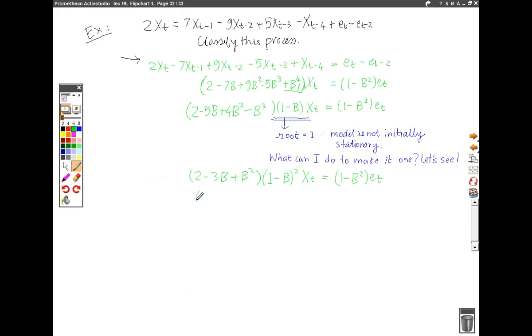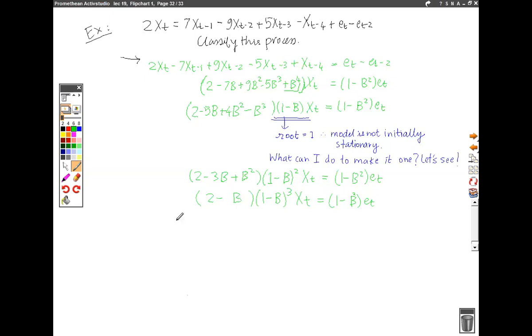But again we can take out 1 minus B as common. Give me the quotient that will come there. I'll just have 2 minus B here, right?